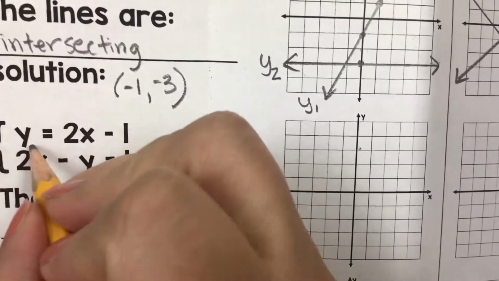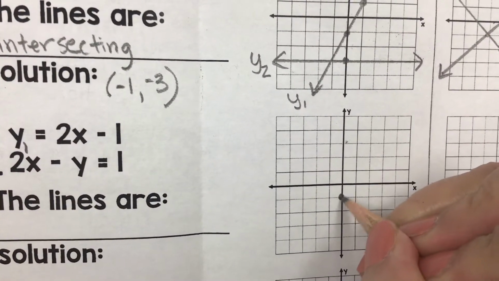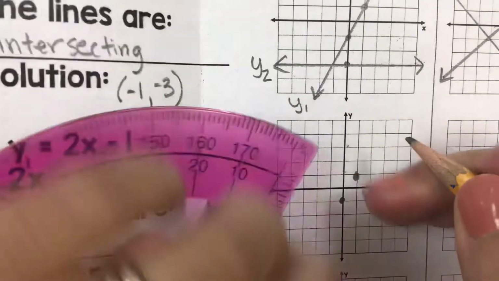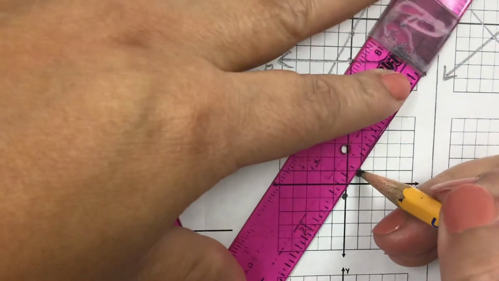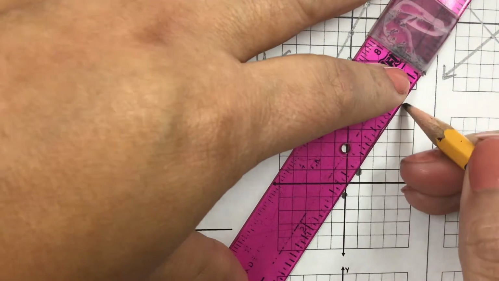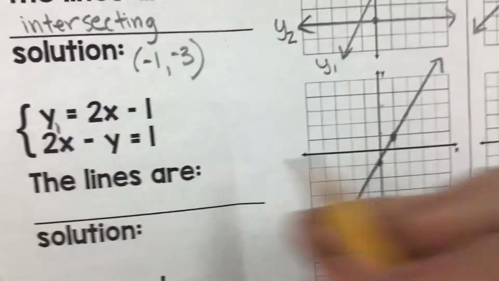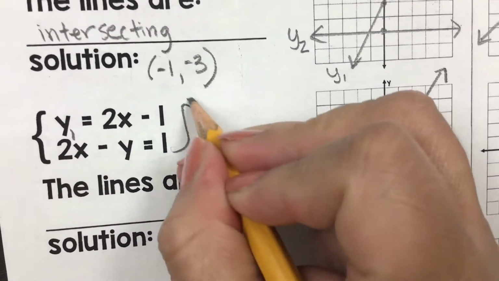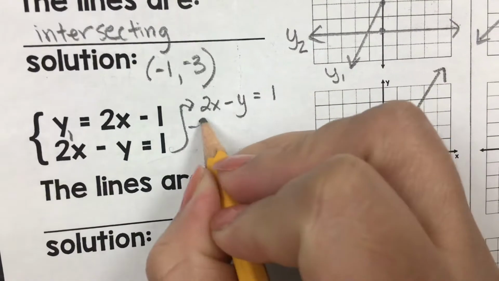Your first equation is ready to graph, so we're going to start at the -1. Going to go up 2 to the right 1. Okay, your y2 is not ready to graph, so we're going to rewrite it and solve for y.